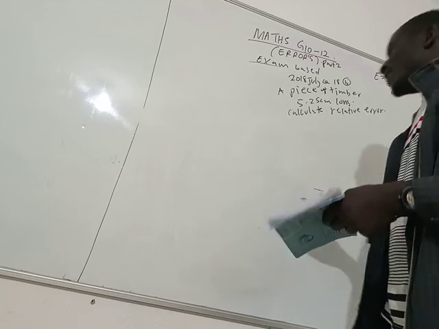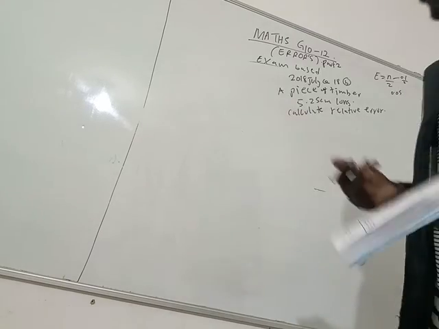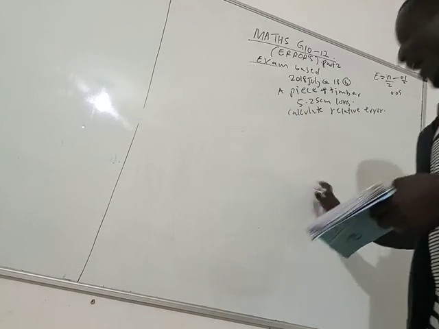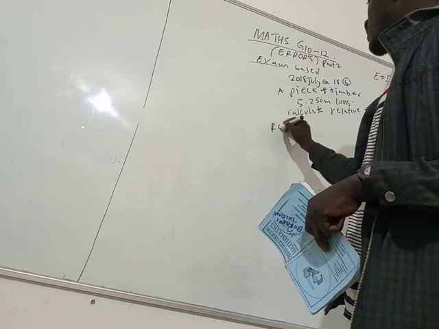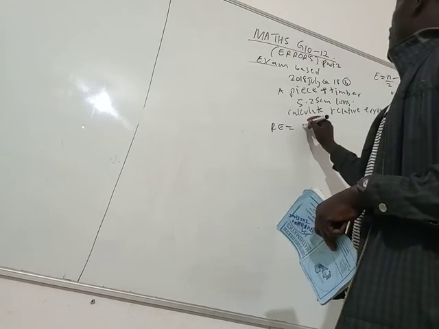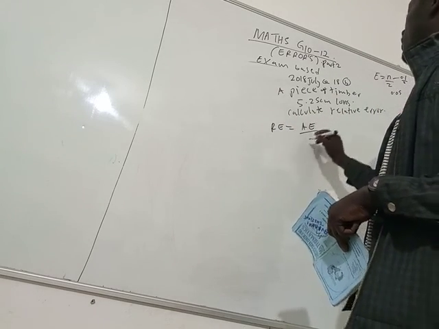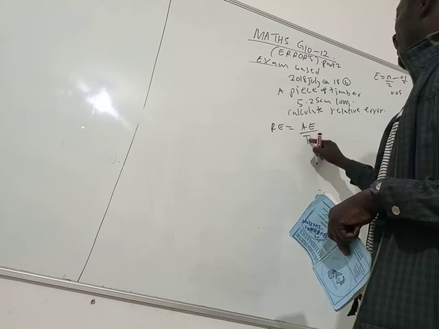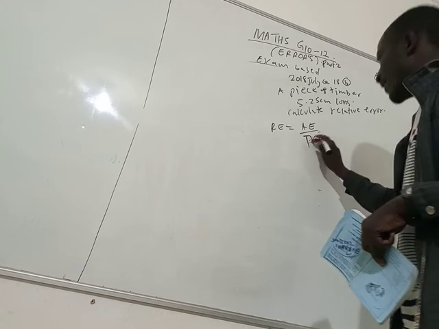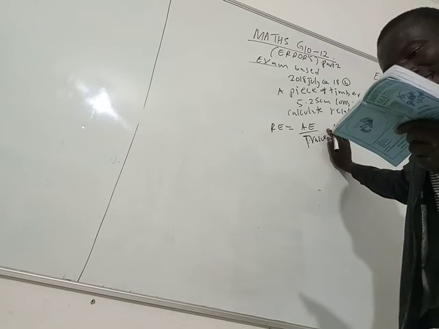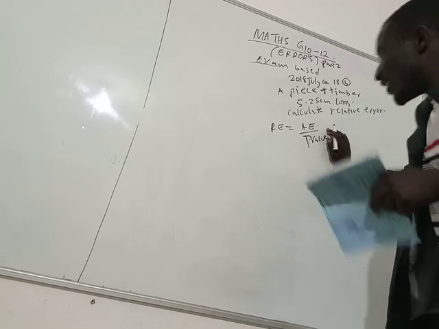So what is the relative error? Again, relative error is a ratio of the absolute error to the true value. So we are saying relative error is equal to absolute error over true value. Do not be tempted to say times 100% unless they say percentage error.